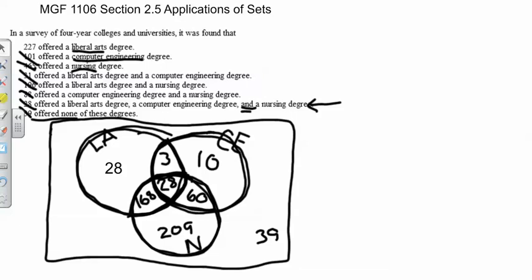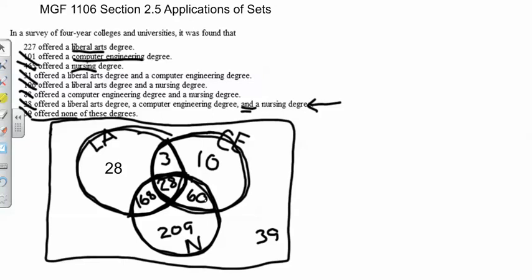If the question said how many of the colleges in the survey offered a liberal arts degree or a computer engineering degree, well, since it said liberal arts degree or computer engineering, that means we want all those colleges that are either in the LA circle or the CE for computer engineering circle. So that would be regions 1, 2, 3, 4, 5, and 6.